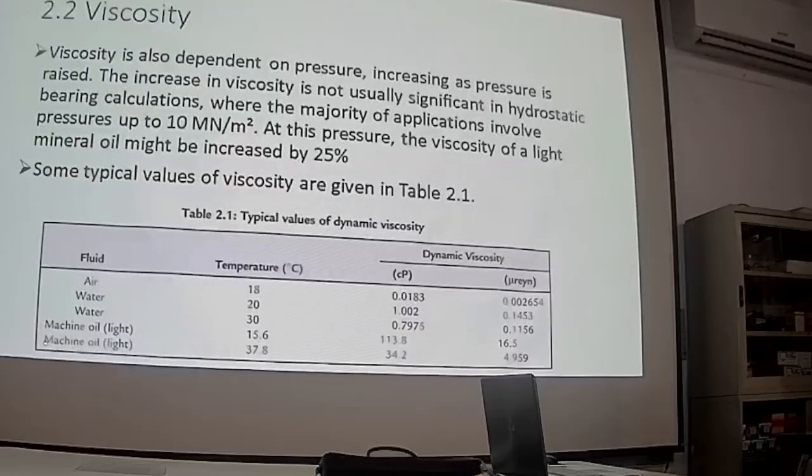Another is machine oil at 37.8 Celsius. So we can look at the dynamic viscosity here.